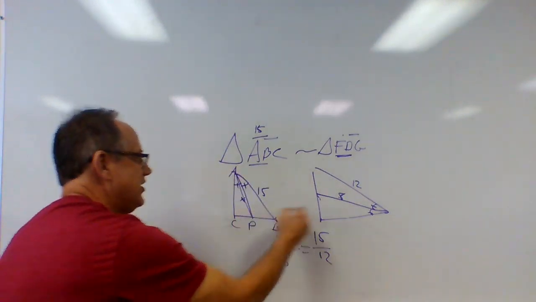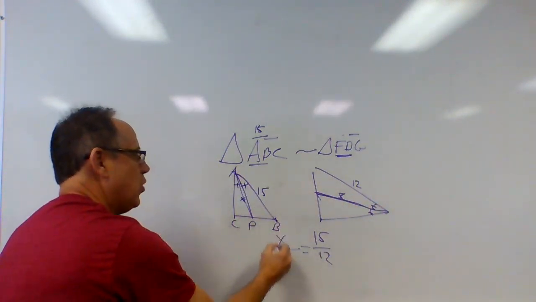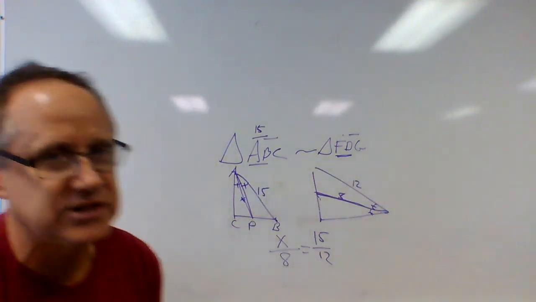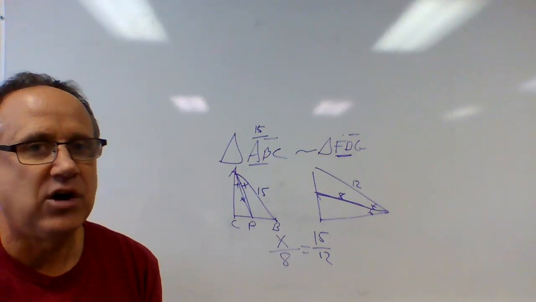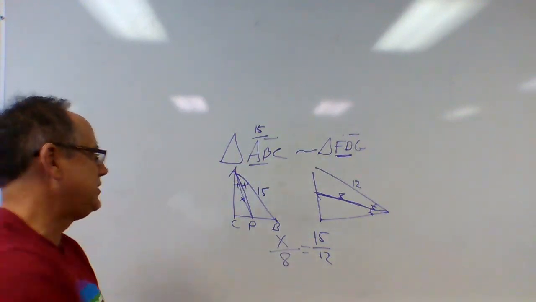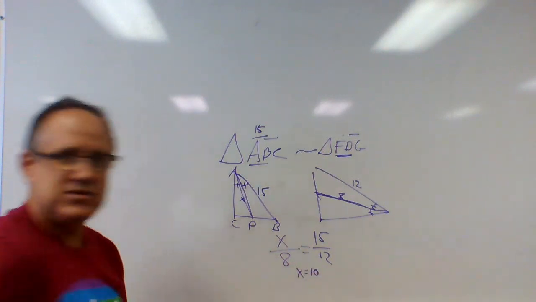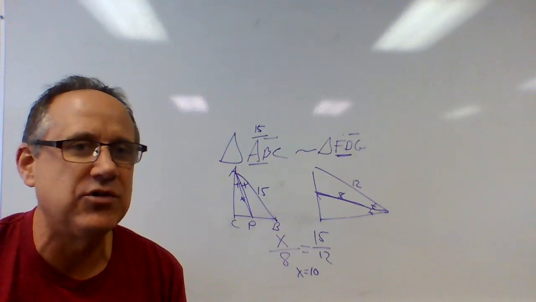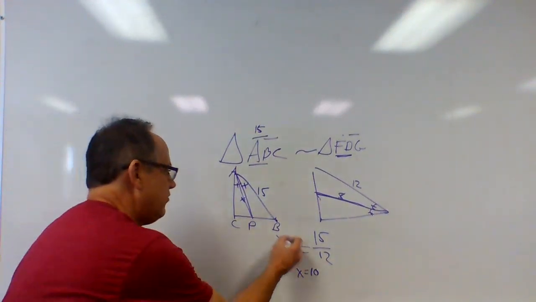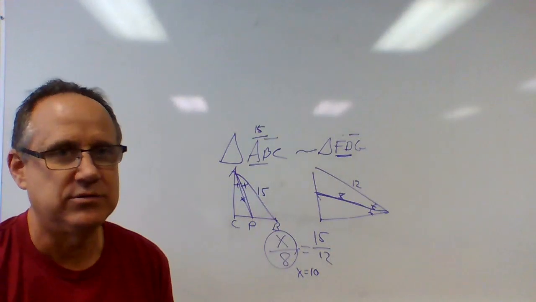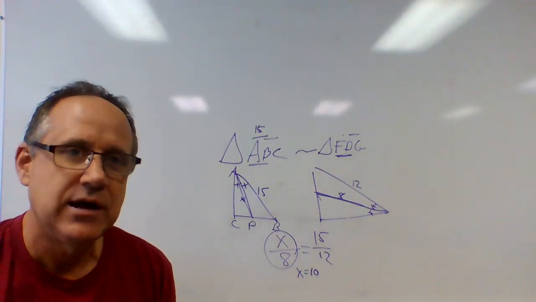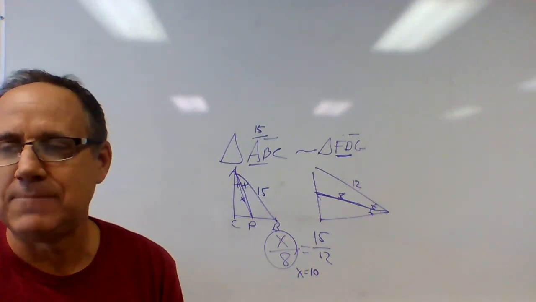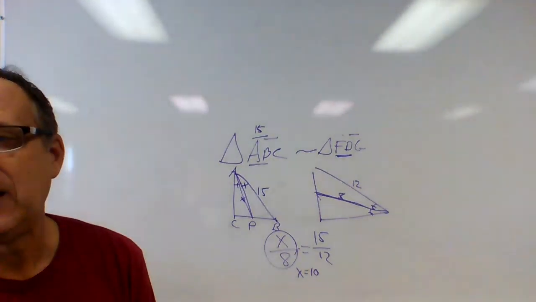Angle bisector as one ratio, and then the other side as the other ratio, and then we just do our cross multiplication and solve for that. I believe x comes out to be 10. So the key is putting those special segments as part of one ratio, and then matching up the other sides in your other ratio as well.